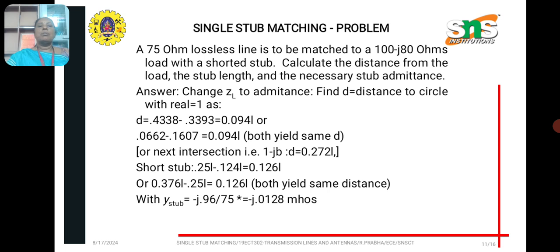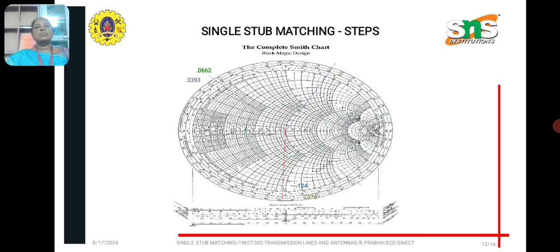It is 0.0941, obtained from 0.4338 minus 0.3393, and the shorted stub value, y stub, is equal to minus j0.128 mhos. In the diagram, the problem is solved. The normalized admittance is obtained from the inverse of the normalized impedance, that is, the diametrically opposite point of the normalized impedance. So it is 0.48 plus j0.26.